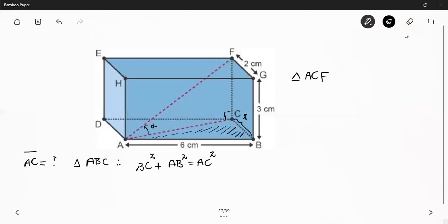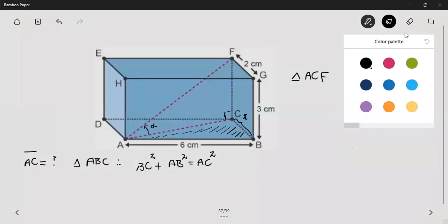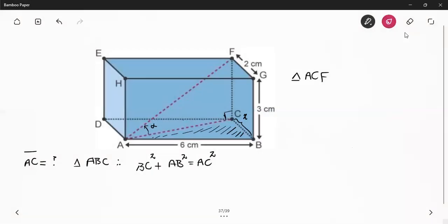I know BC. How much is BC? 2. Then I have 2 to the power 2 plus, how much is AB? 6. 6 to the power 2 gives me the length of AC squared.